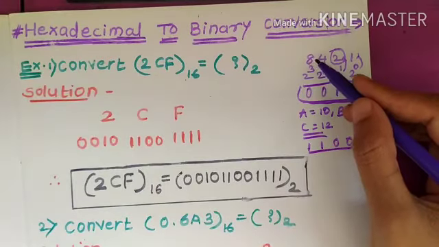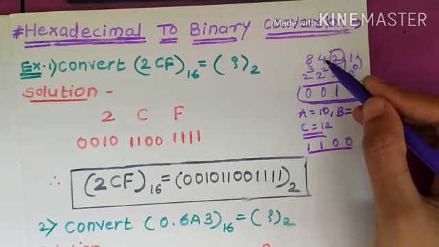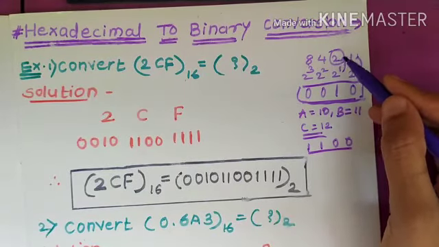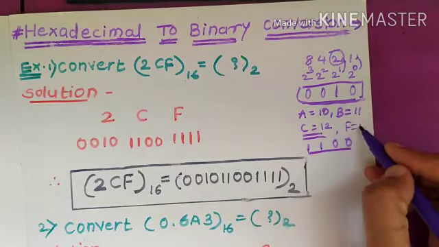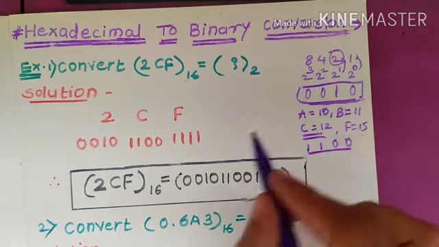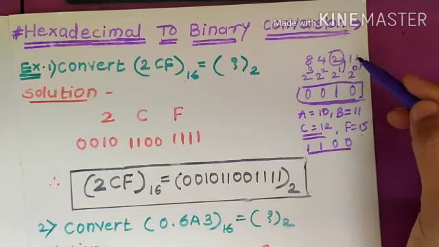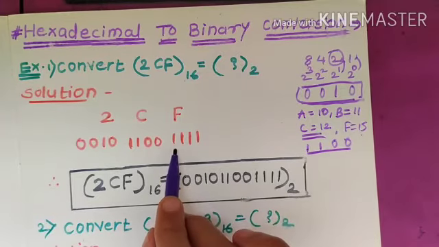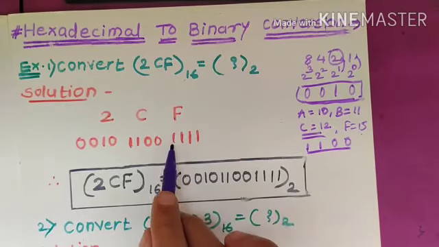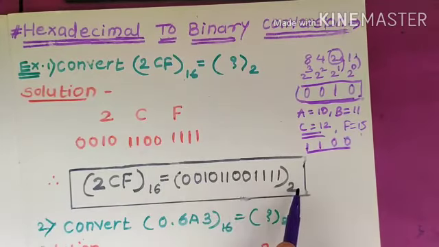If we add all the digits of 8421, 8 plus 4 is 12, 12 plus 2 is 14, 14 plus 1 is 15, and we know that F is nothing but 15. So F is equal to 15, so we have to write 1111 below each digit. This is the equivalent binary of hex digit F. So we'll get the final answer.